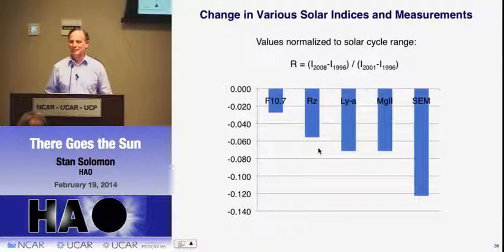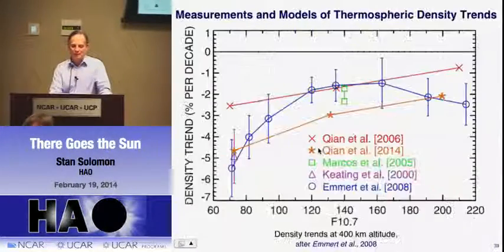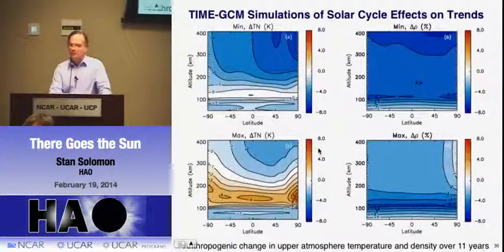Question for Stan? I have a quick question on your explanation of the change of the density when you have CO2 increase under solar min and solar max conditions. You said there's a kind of puzzle. Yeah, this figure.